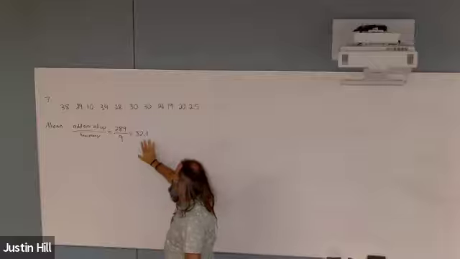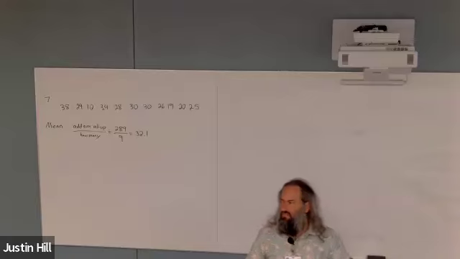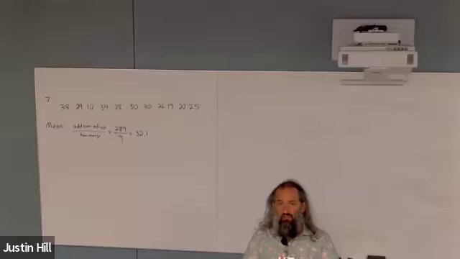So for instance, if I say that the mean is 32.1 days, is it possible to take 0.1 days off of your work? Not really, right? So the context you're talking about actually affects how you do your rounding.